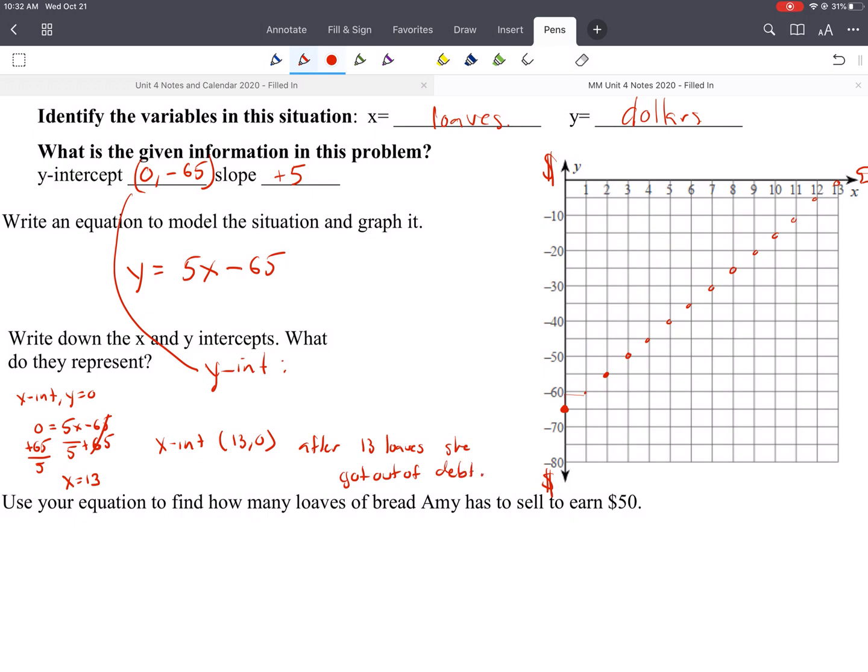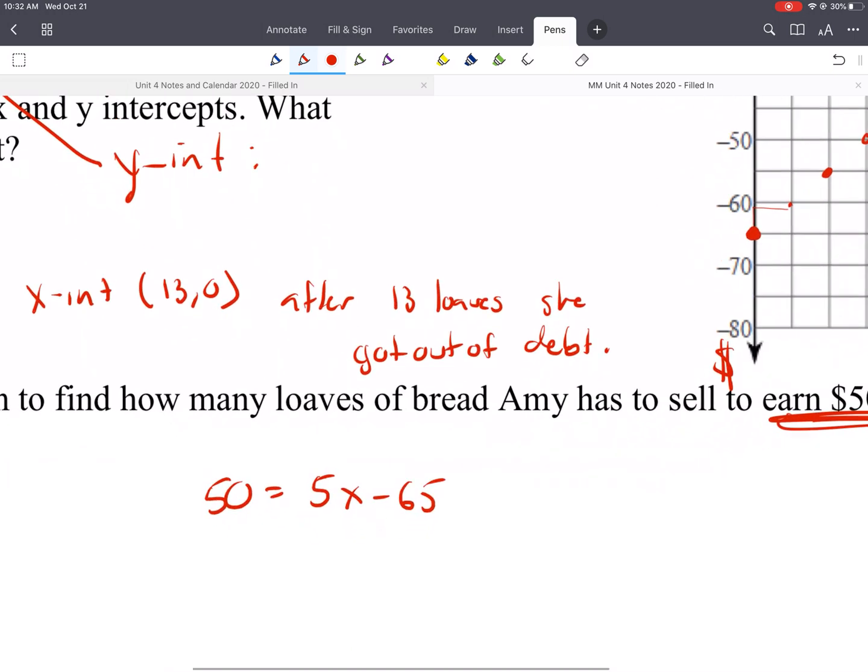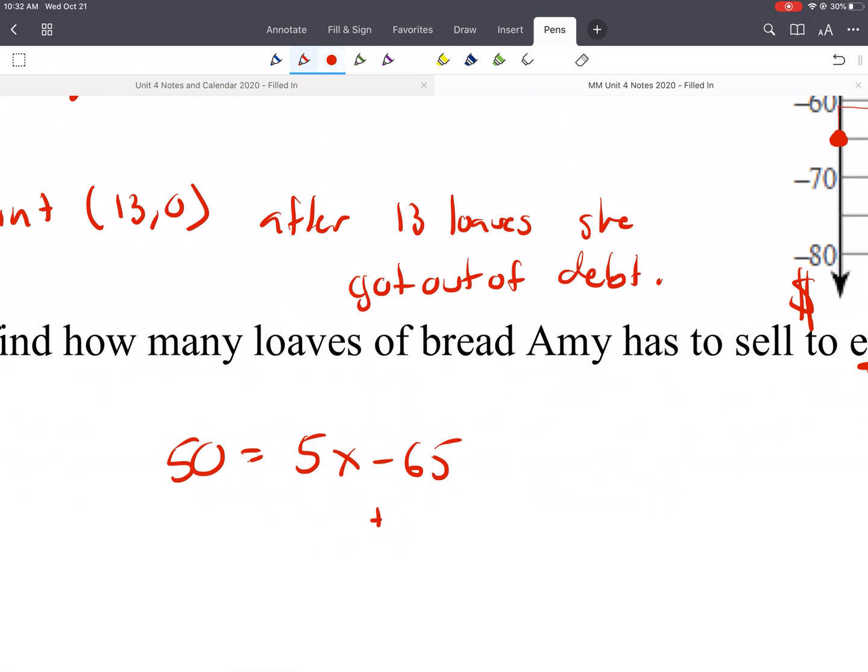Okay, so use your equation to find how many loaves of bread Amy has to sell to earn $50. So we want, again, loaves is x, and dollars is our y's. So we'd set y equal to 50. So we would add 65.